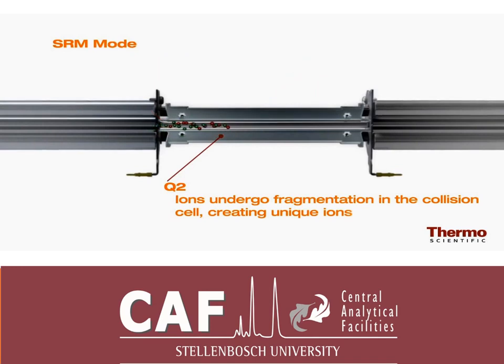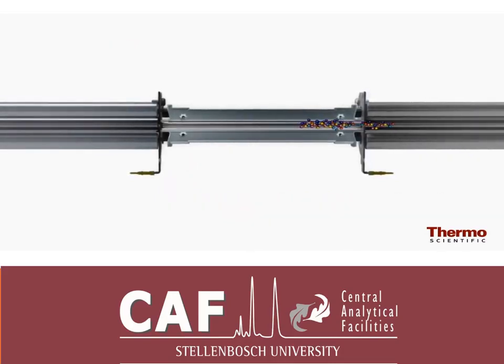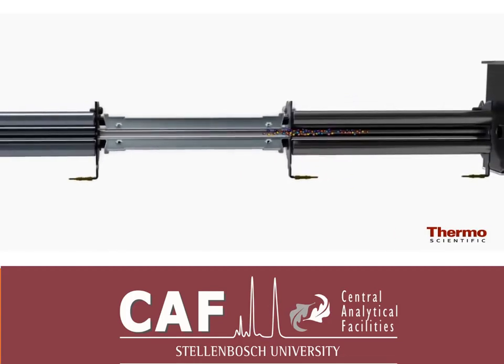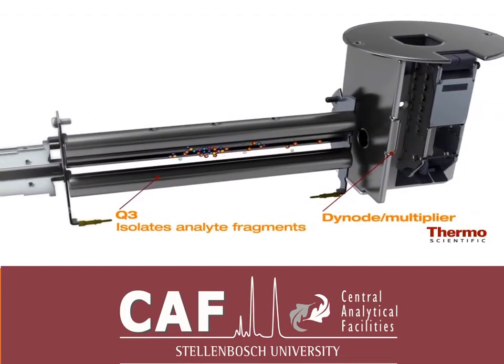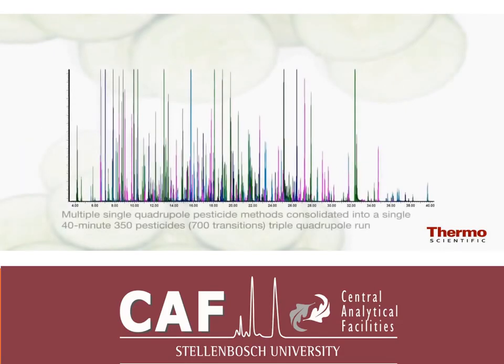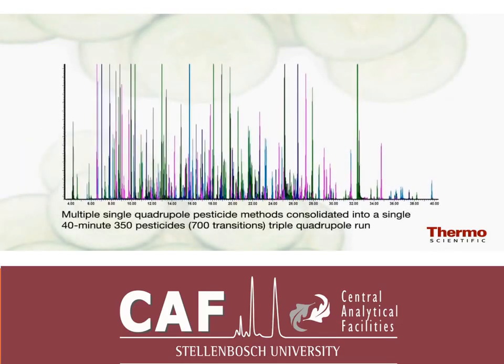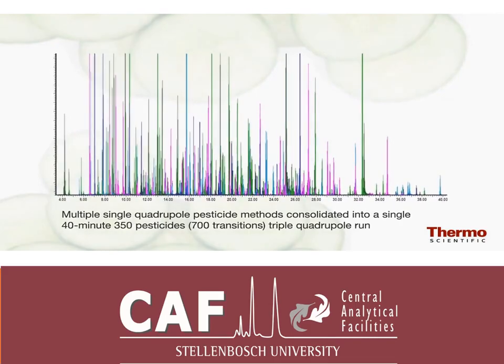With the TSQ8000 triple quadrupole system, these ions can undergo further fragmentation in the collision cell, creating unique ions. The unique ions are then isolated in the third quadrupole, eliminating the potential matrix interference before moving into the dynode multiplier. This allows you to lower detection limits in complex matrices and enables the operator to combine several methods into one.